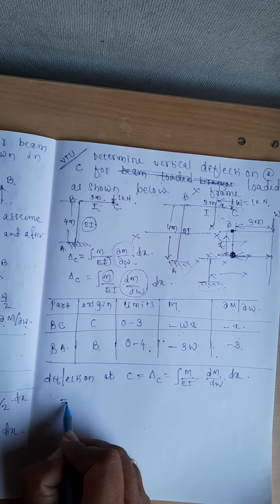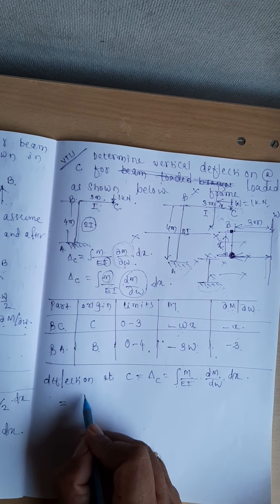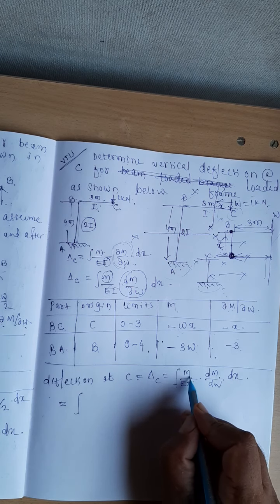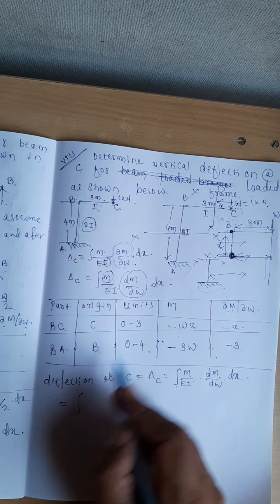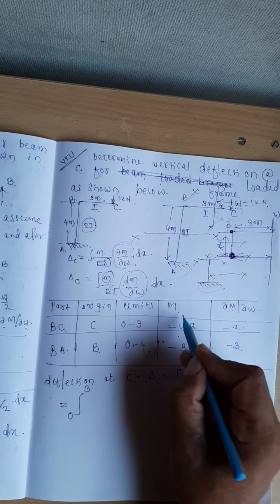Now you see carefully here. First you go for the part BC. For the part BC integral, what is the limit? What are the limits for the part BC? 0 to 3.